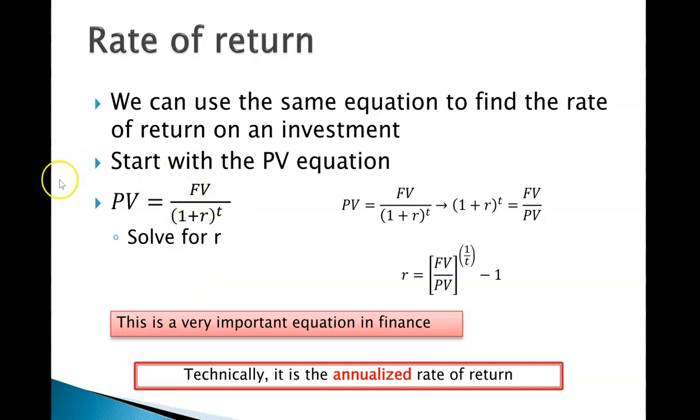And what we're doing here is we're just solving this formula for R. I go through a little bit of the algebra over here, how you solve that formula for R, but you end up with this expression here. The rate of return is the future value divided by the present value, that quantity raised to the 1 over t power, and then subtract 1. And that'll give you the rate of return. The technical name for this is the annualized rate of return. It means the average annual return you would earn on that investment.